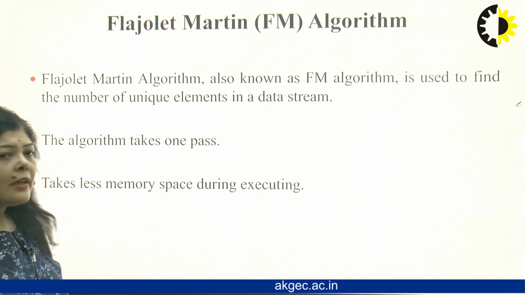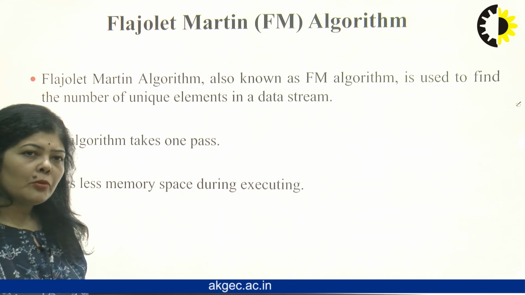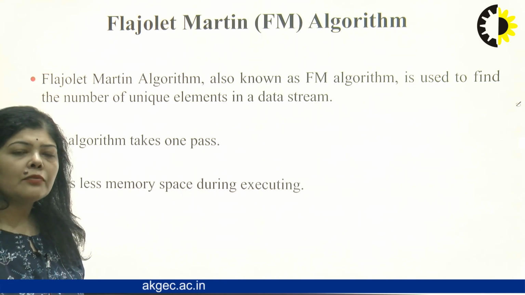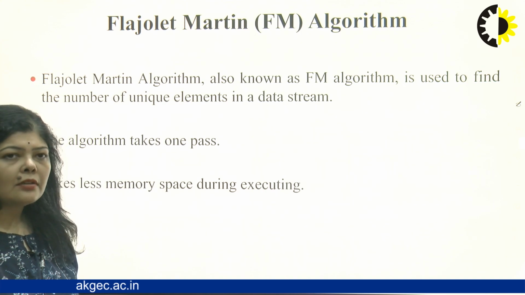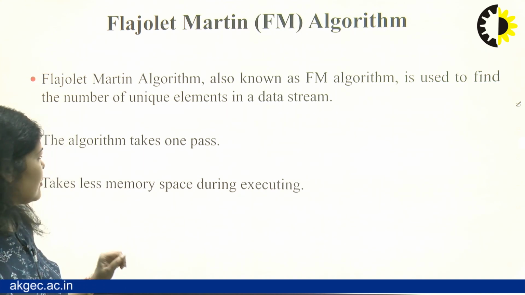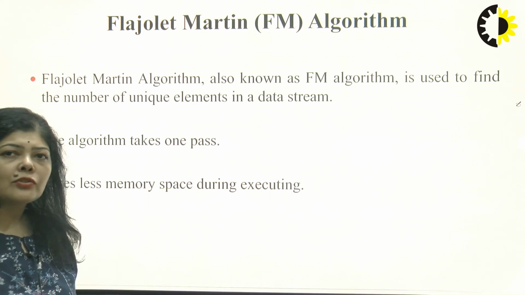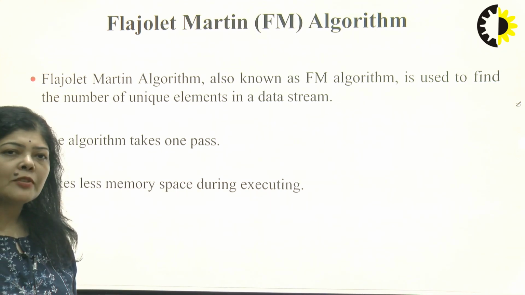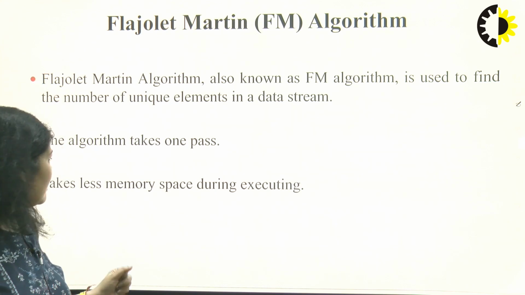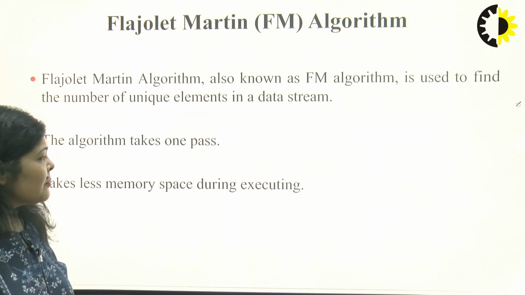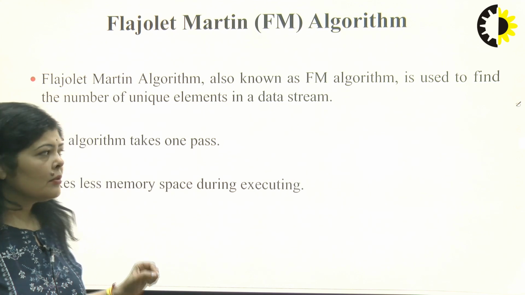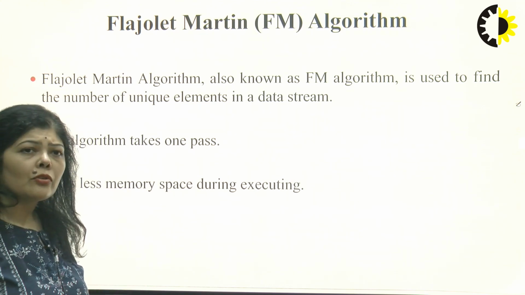The algorithm takes one pass over the input stream, whatever fragment or window we are considering at a particular time, and based on that window it counts the number of unique elements. It takes less memory space during execution.